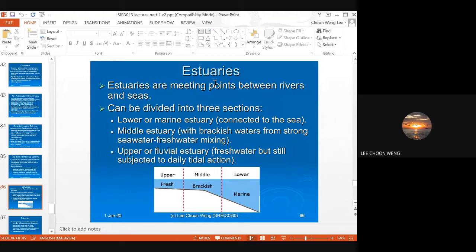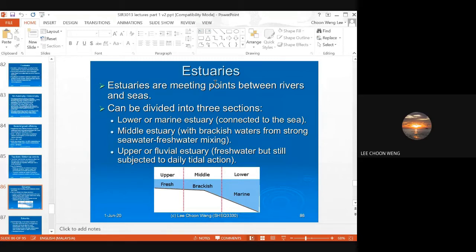So where does an estuary start and where does an estuary end? If you're studying a river mouth, you go to the river. So where does the estuary begin and where does the estuary end?